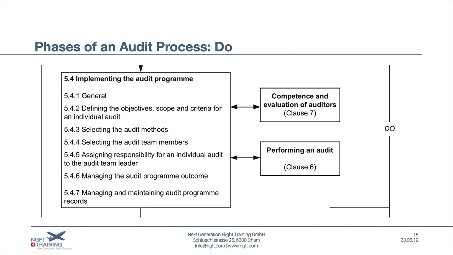Once that is done, you produce a report, and that will then give the auditee an overview of what has worked and what has not. Once the auditee has obtained the audit report, it is up to him or her to review the findings and make sure that he understands the root cause. Finally, he needs to define corrective actions and implement them to make sure that the finding is closed and it will no longer occur.